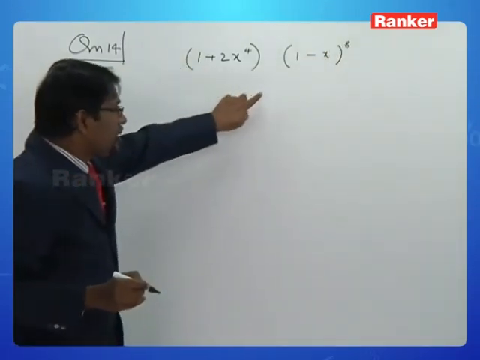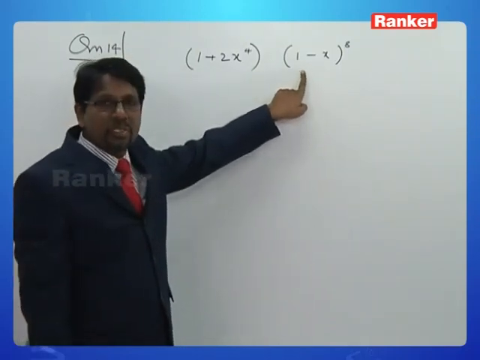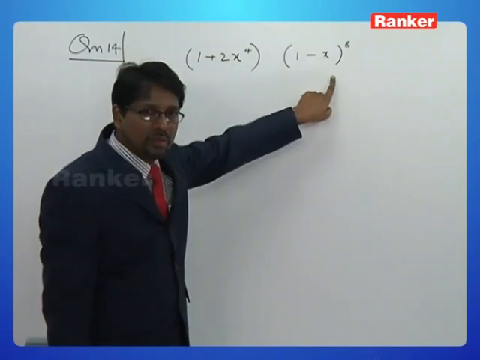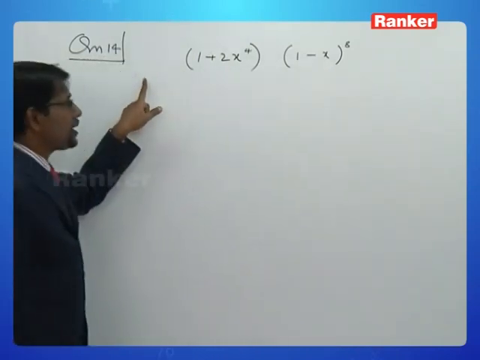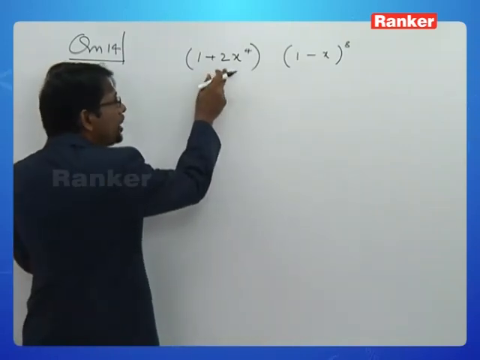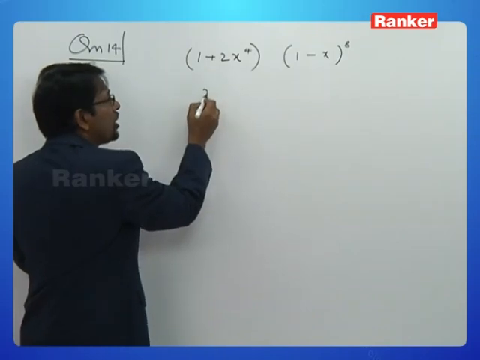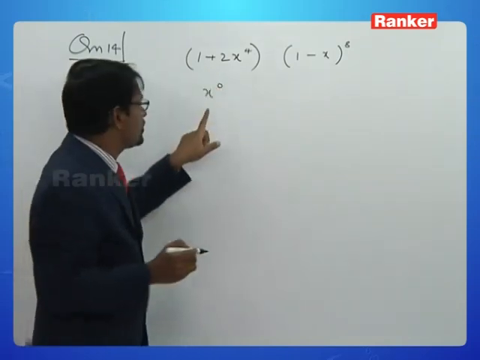Now observe that this second expansion has terms starting from x power 0 to x power 8. We are interested in the x power 10 term. How do you get that x power 10 term from here? Now there are only two possible terms that you can take from this expansion. So either you take x power 0.